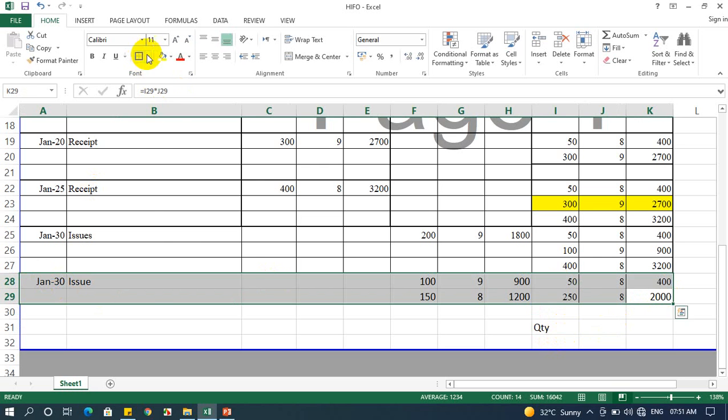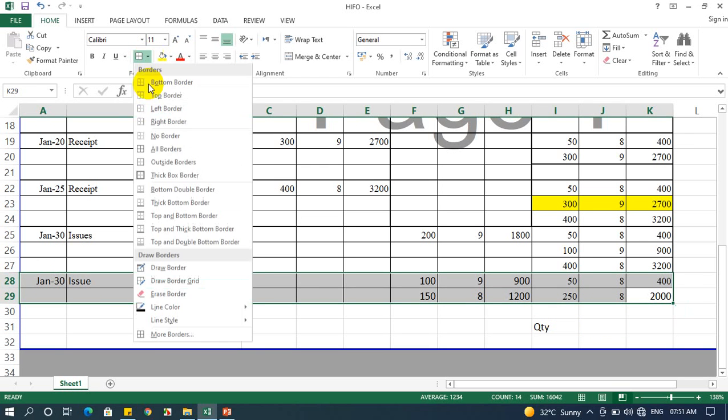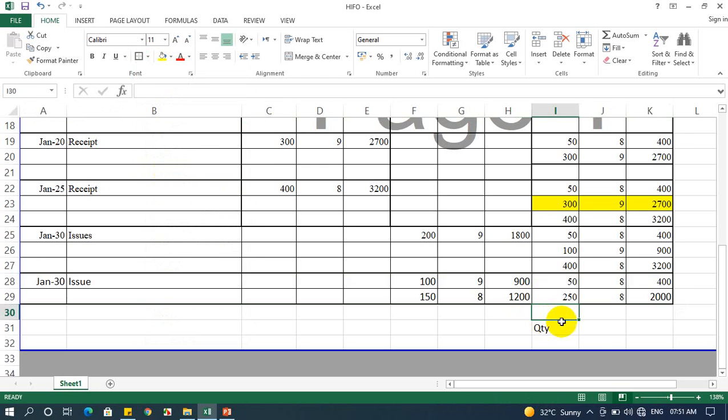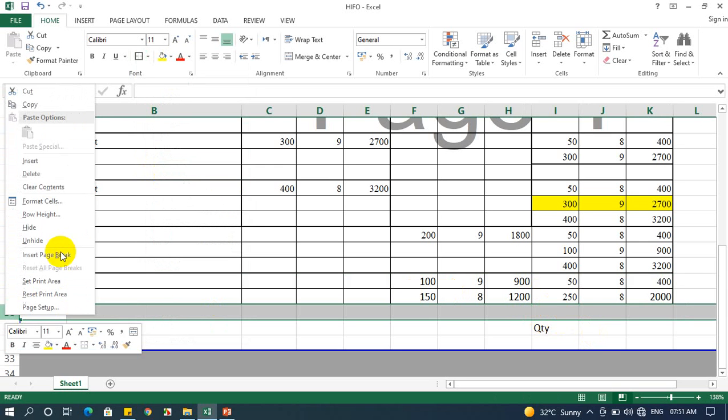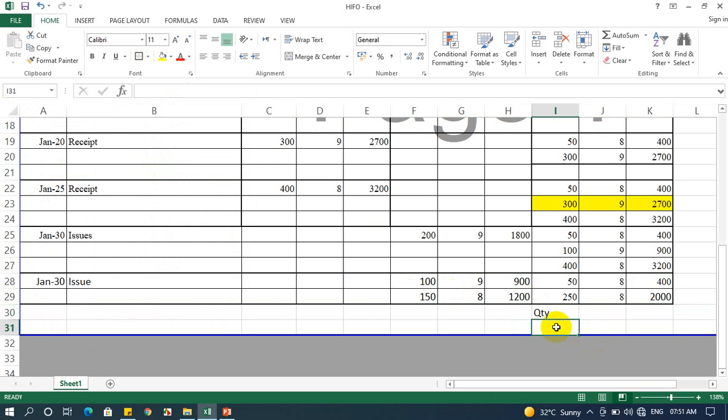Let me make a table for this. Now how much quantity is left with us at the end of the period? 50 plus 250, 300 units, right?